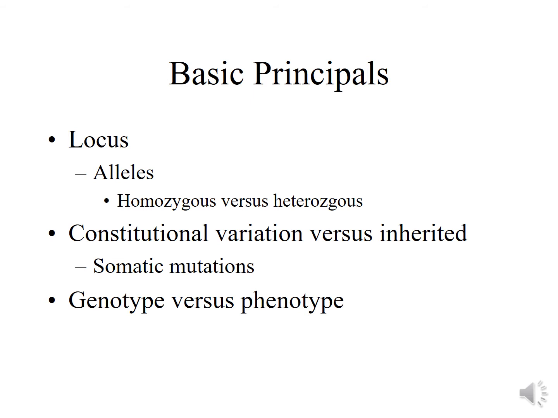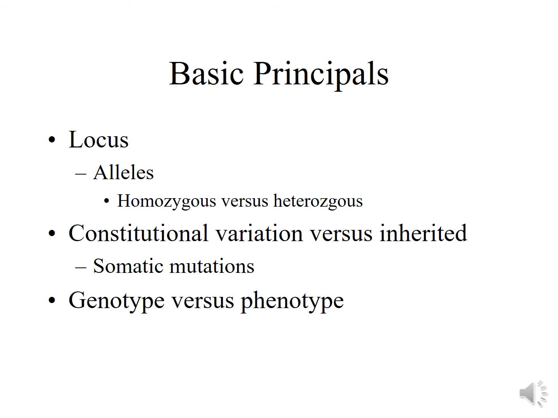So in addition to the genetic variation that we inherit, that is present in all of our cells, which is constitutional variation, so a variation that is inherited and is present in all of our cells is referred to as a constitutional variation. But in addition to that, there are DNA changes that can occur in the DNA of our cells throughout our lives, or these are referred to as post-zygotic or somatic changes.